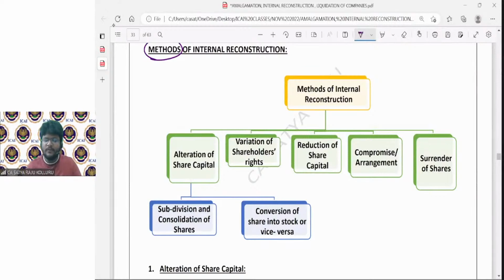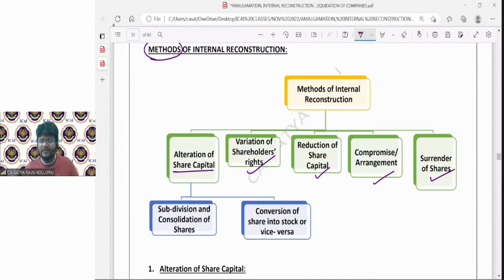What are the various methods available to conduct the internal reconstruction, sir? Alteration of share capital, variation of shareholders' rights, reduction of share capital, compromise or arrangement, surrender of shares. All these are various methods available as per the Companies Act 2013 to conduct the internal reconstruction.